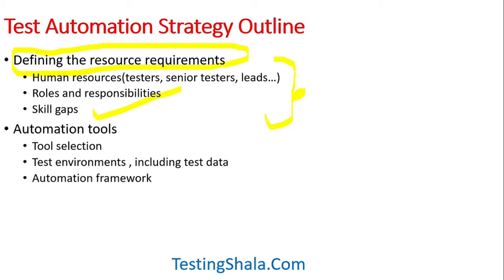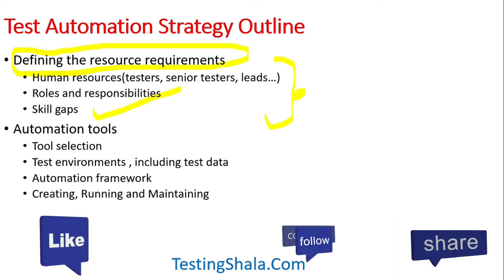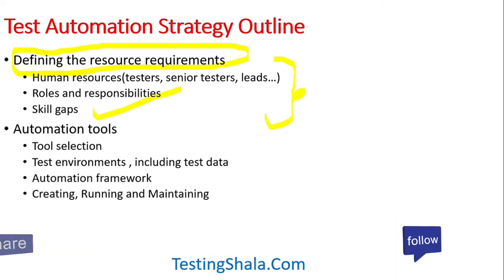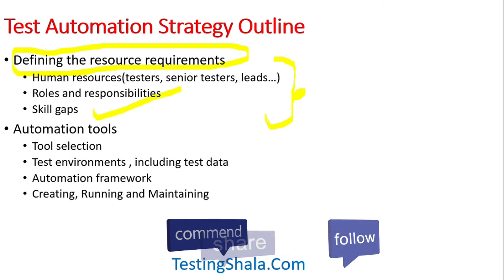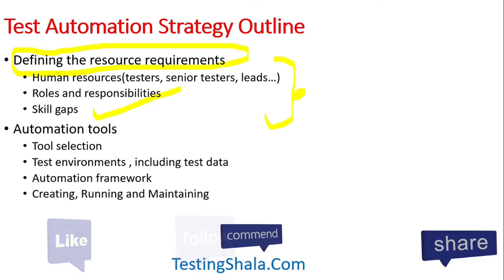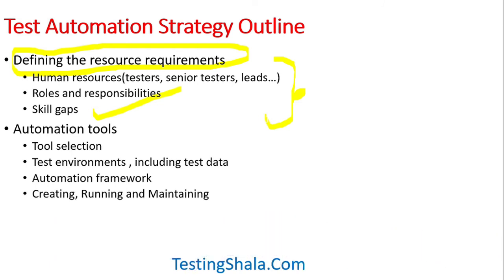You should clearly call out at what time, what phase you are trying to bring in the different kinds of automation frameworks that would bring a lot of efficiency in your automation, and in the maintenance of your automation. And also, as I was saying, you should call out how you are going to create test cases, how you are going to run these test cases, and how you will be maintaining these automation scripts over the long run.